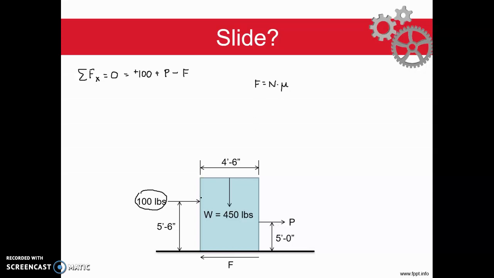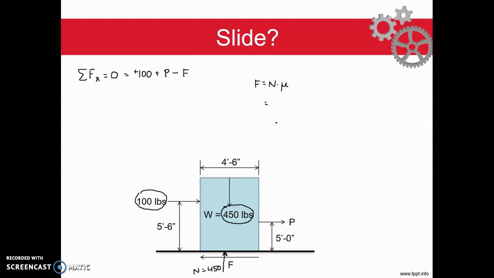There are no externally applied forces in this problem in the vertical direction other than the weight of the box itself. And so that's going to be acting down. So the normal force that's pushing back against it is just going to be 450.